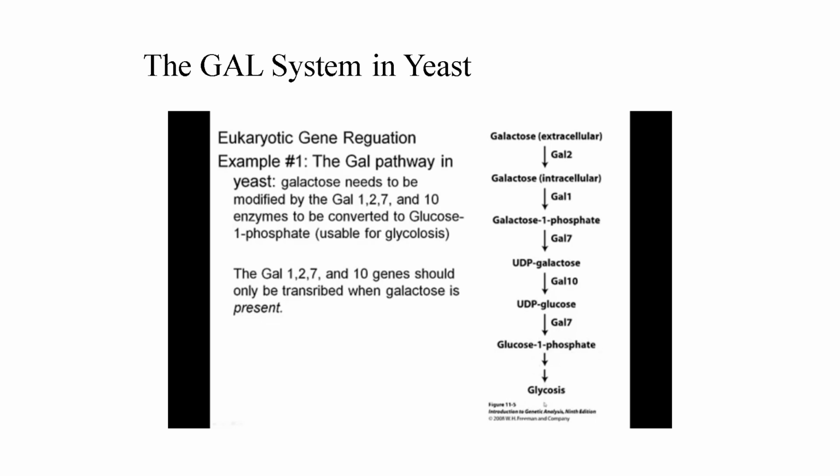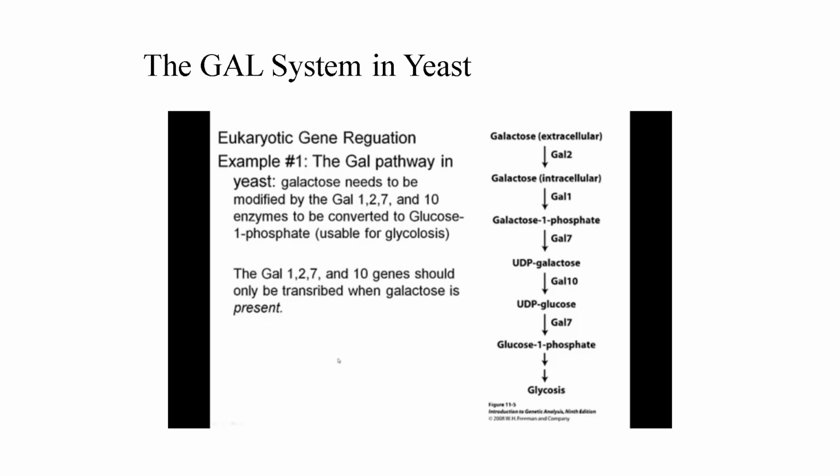And there are a number of genes that are required to do this conversion. So galactose is up here, and there are a number of different steps in the conversion of galactose into glucose 1-phosphate. These steps are catalyzed by these GAL genes, such as the GAL2 gene, the GAL1 gene, GAL7, and GAL10.